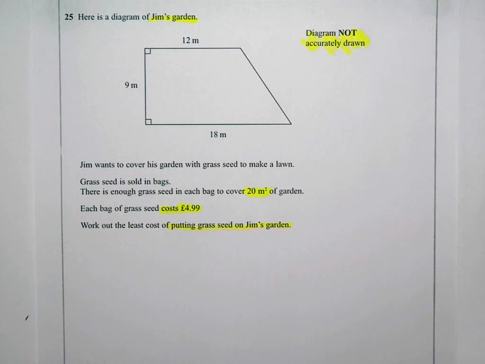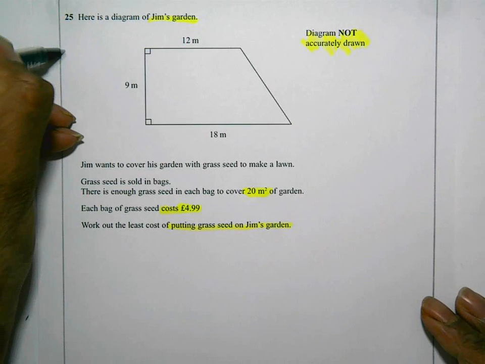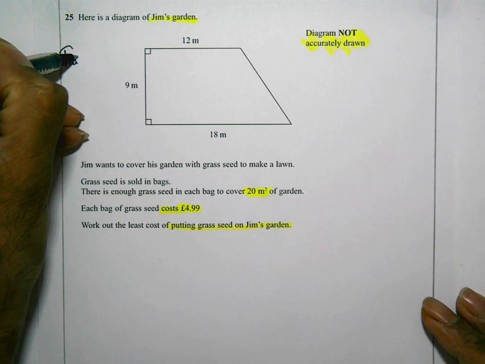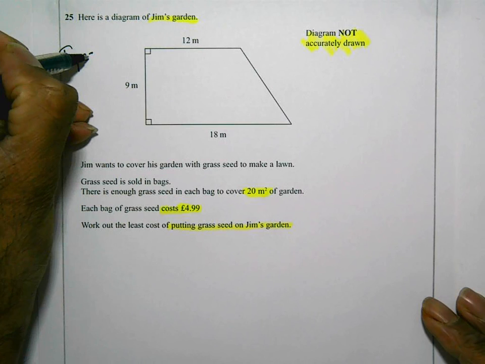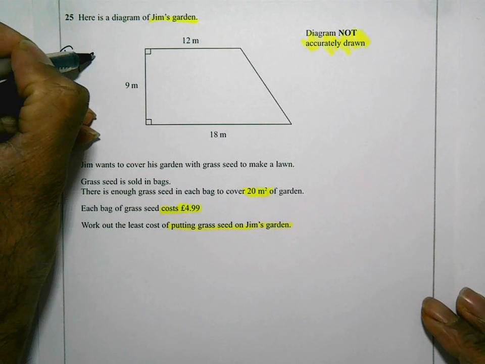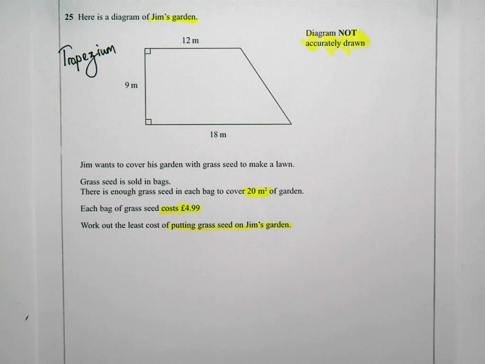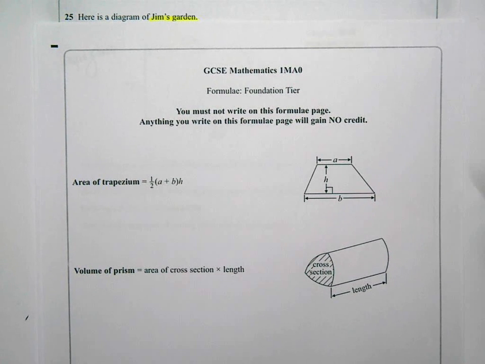The first thing I need to do is to work out the area of the garden. You need to recognize that this shape is a trapezium. If you want to work out the area of a trapezium, in your examination you are given two formulas in your formula sheet.